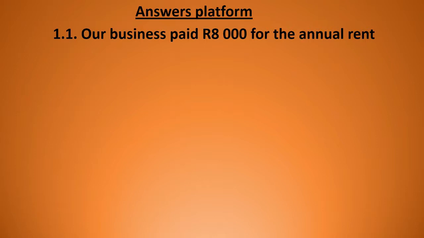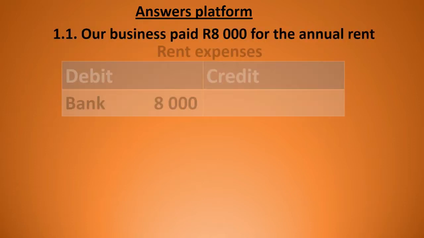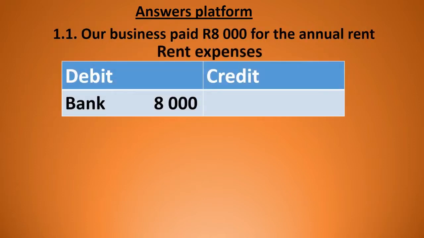Remember that I said all expenses increase on the debit side and decrease on the credit side once they turn into income. So we are going to debit rent expense with 8,000, credit bank, since that amount of 8,000 decreases our bank account.